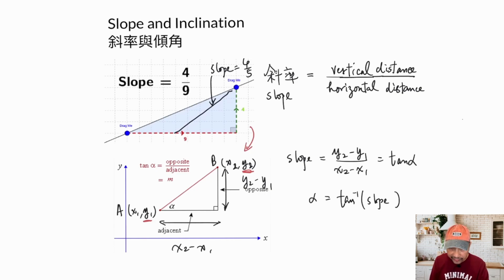Consequently, we arrive at the formula for the slope of a line in terms of coordinates. Slope is equal to y2 minus y1 over x2 minus x1.